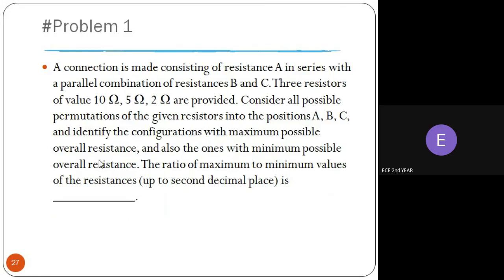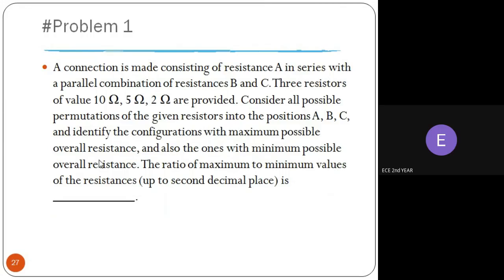Consider all possible permutations of the given resistances into the positions of A, B and C. Identify the configurations with maximum possible overall resistance and also the ones with minimum possible overall resistance. The ratio of maximum to minimum values of the resistance up to 2 decimal places is.